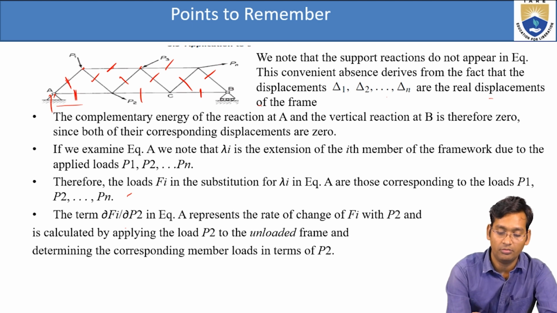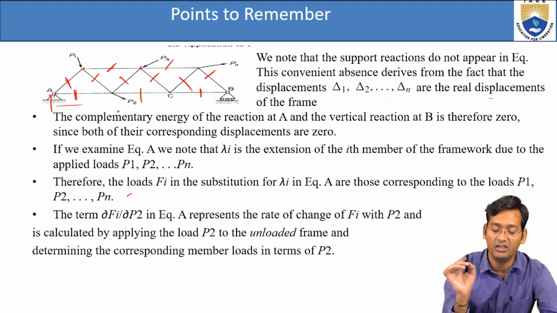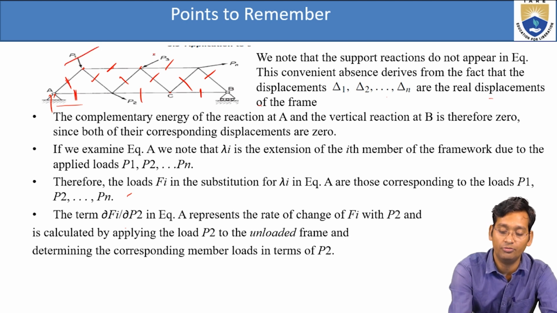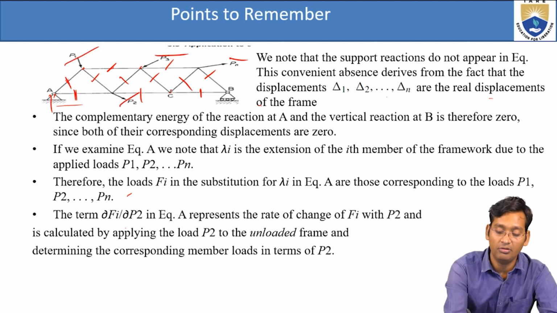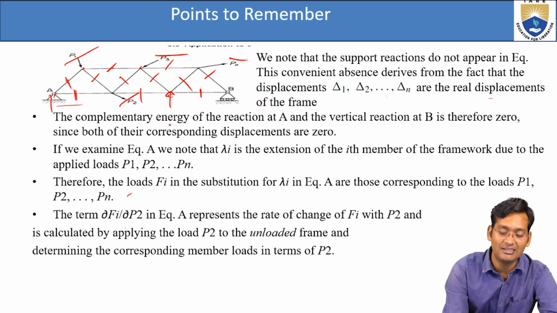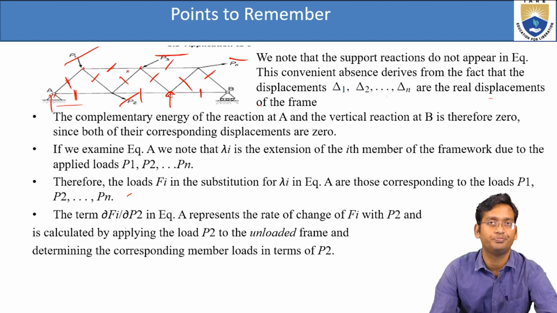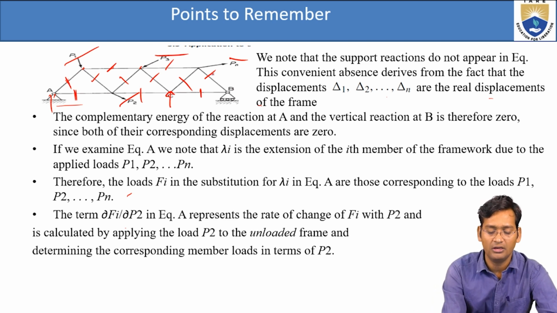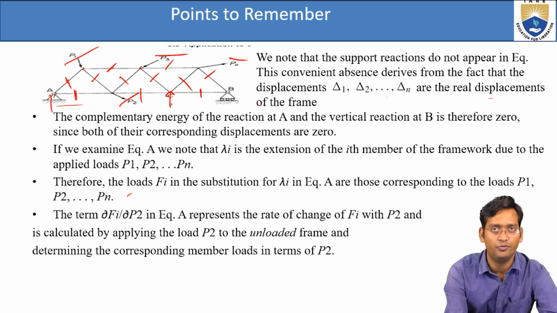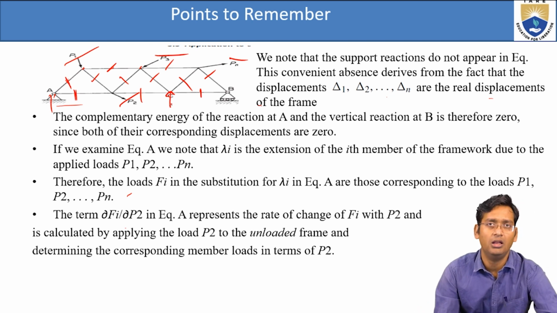Next, at what point do we have to find the deflection? Suppose it is given at C. Then at C we will remove all the acting forces and apply one fixed load at C. Because of this load at C, we will find the forces in all the members. Then we will differentiate with respect to this fixed force, get Fi and del Fi by del PF, and directly substitute in the equation.